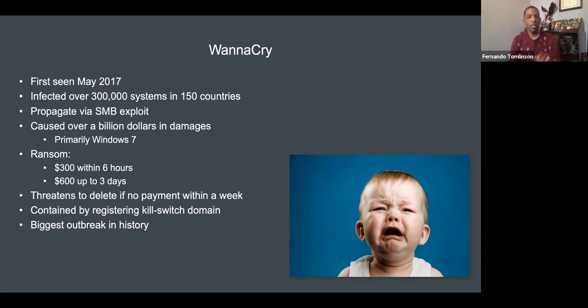Again, what's interesting, the price. "Hey, I want you to pay, and I want you to hurry up and do it now." So if you take advantage of the introductory price, if you will, $300. But if you don't take advantage of it, $600 within 3 days. Again, the quicker they can get people to pay, the better for the ransomware authors, right?